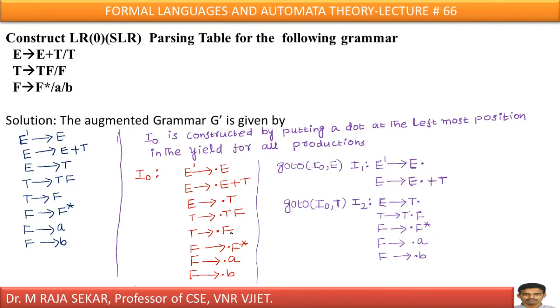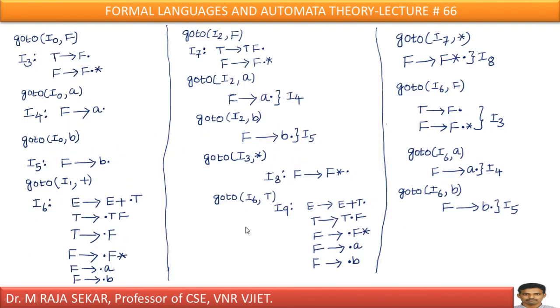T goes to F dot and F goes to F dot star. After the dot, you don't have any variable or capital letter.